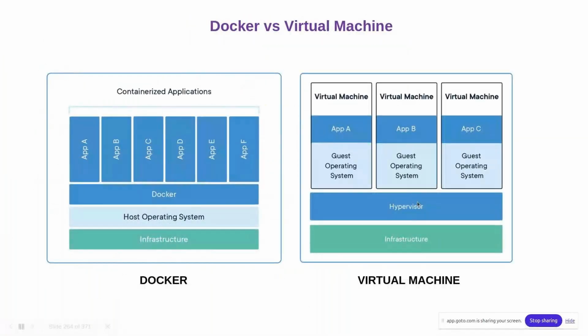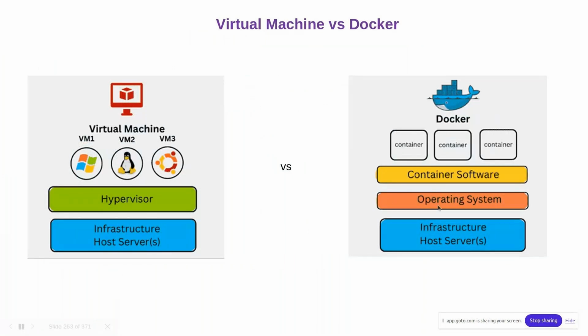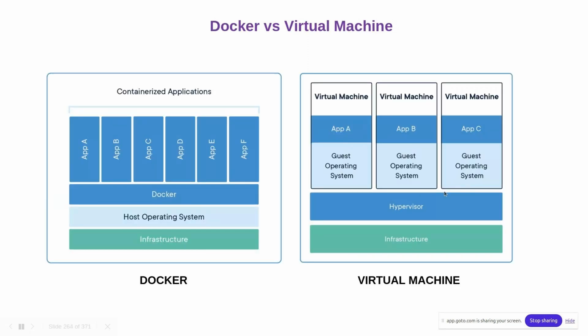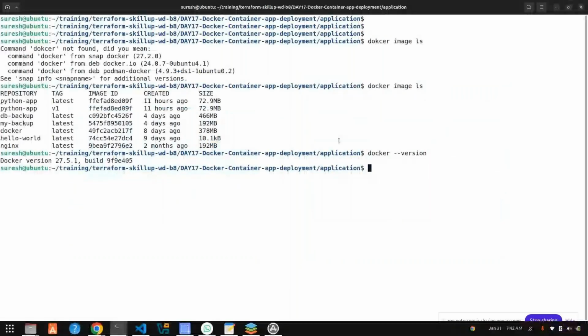On top of my operating system, I install Docker software, and on top of Docker, I can run n number of containers, apps A, B, C, D, everything. So now tell me, where are my images available? In my local system, right?